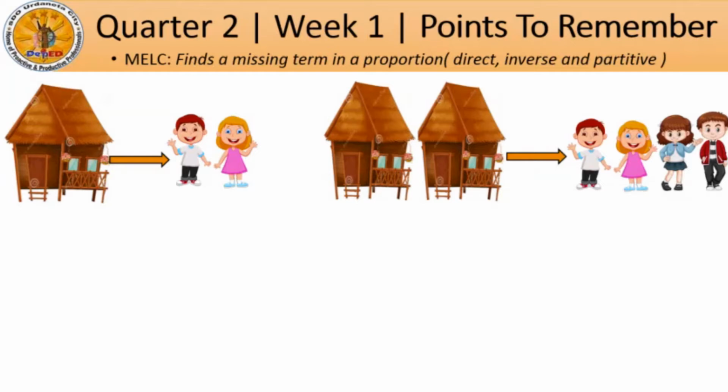In this example, our quantity is the number of houses and the number of people. As the number of houses increases, the number of people increases too, at the same rate and vice versa. And that is what we call direct proportion. Our proportion in this example is 1 is to 2, as 2 is to 4.